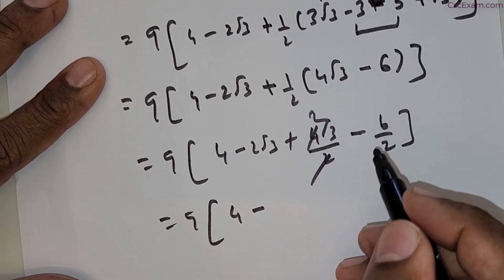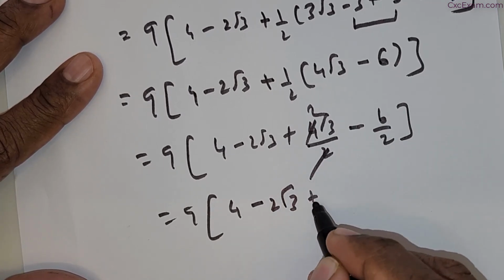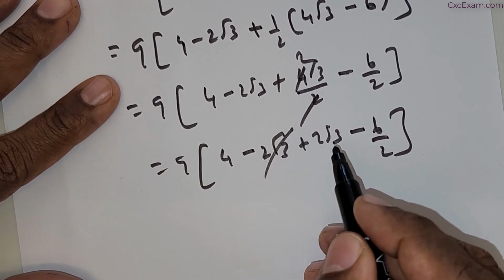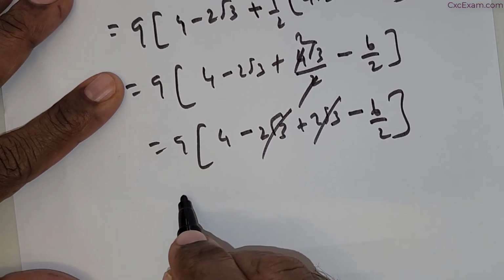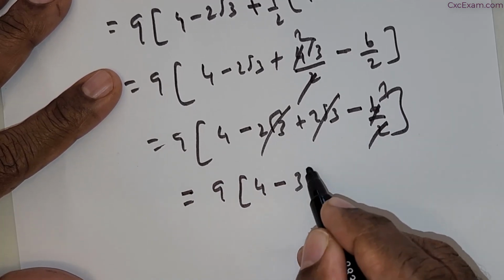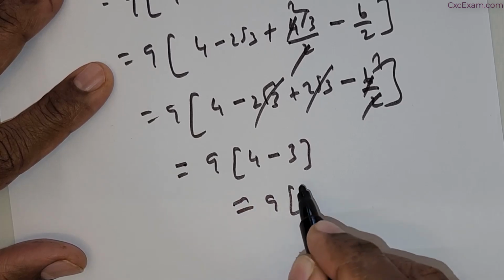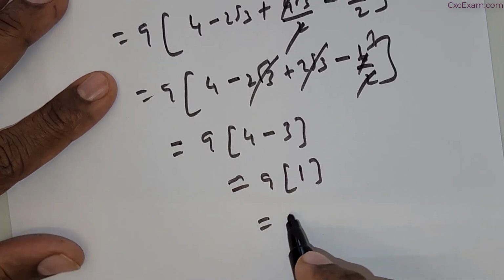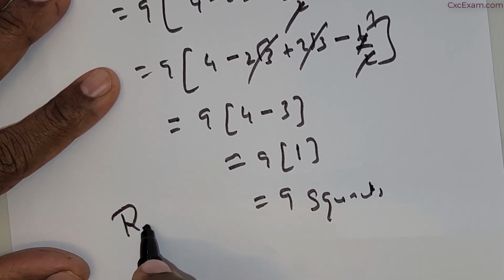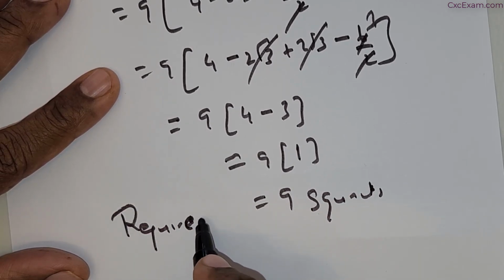Now 2 divides here 2 times, so it's minus 2 root 3 plus 2 root 3 over 2. So plus minus goes off. This is going to give me 9 of 4 minus. 2 divides here 3 times, so you get 9 of 4 minus 3 is 1. So that's going to be 9 square units. So this is the required area.